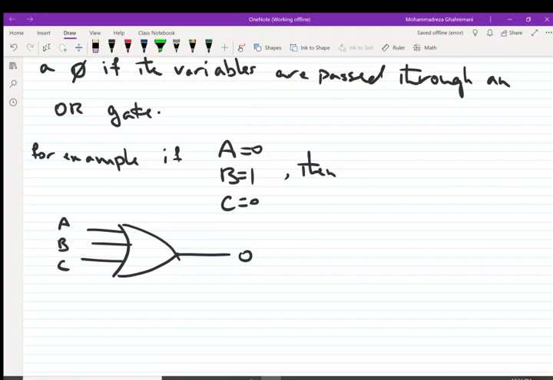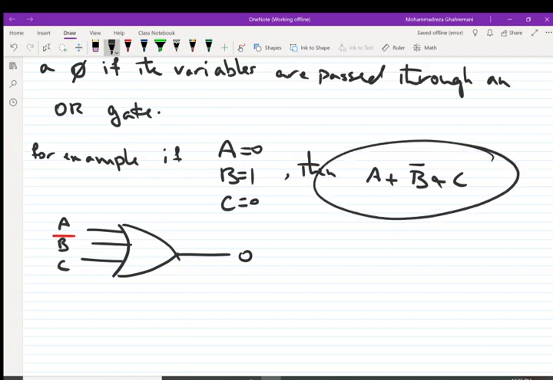So in order to have the output of 0, we apply A, because A is 0. B is 1, so we apply B bar. When B is 1, B bar is 0. And C is 0, so we apply C. So the Maxterm is A plus B bar plus C, since A plus B bar plus C would yield a 0.